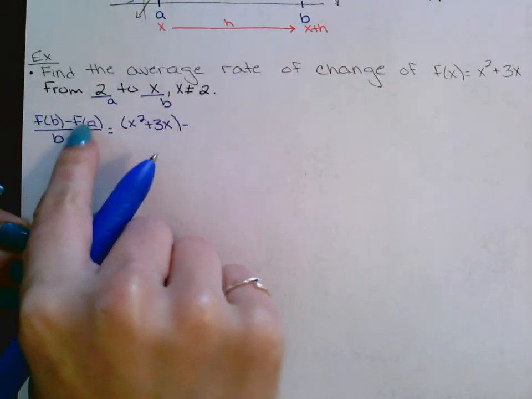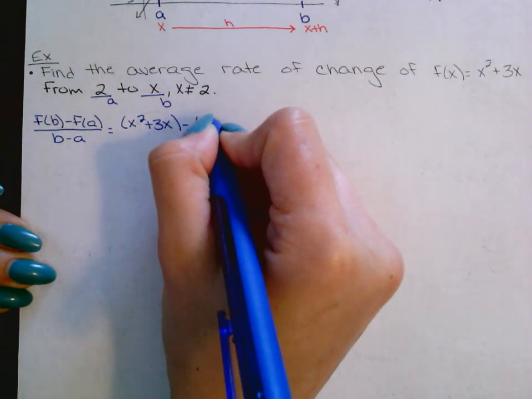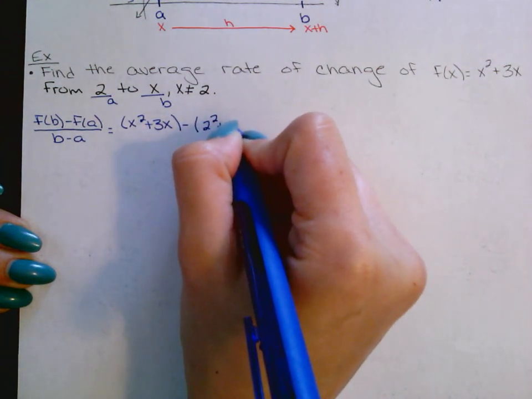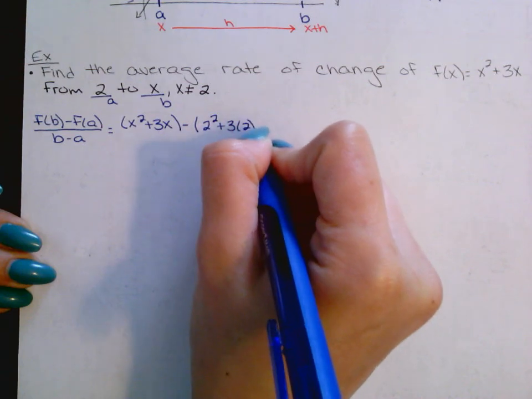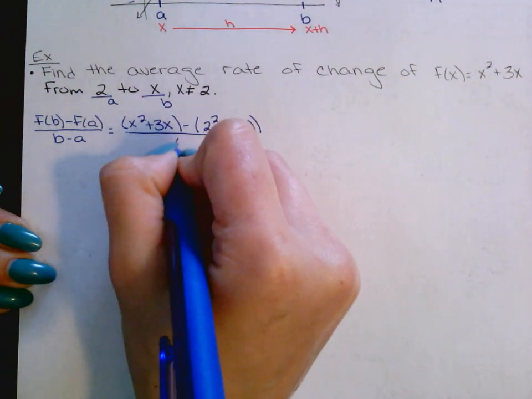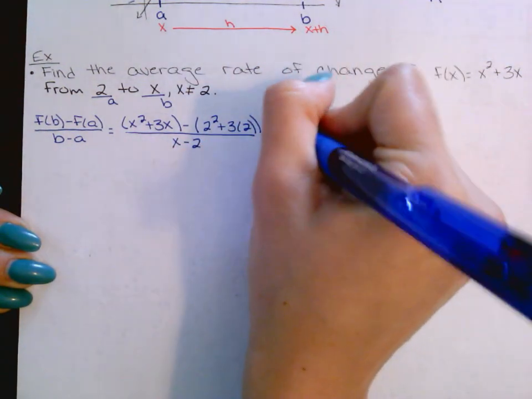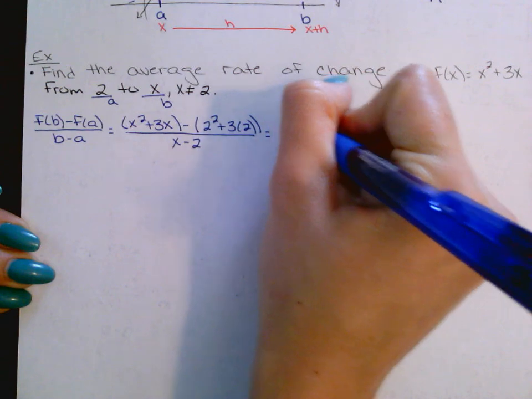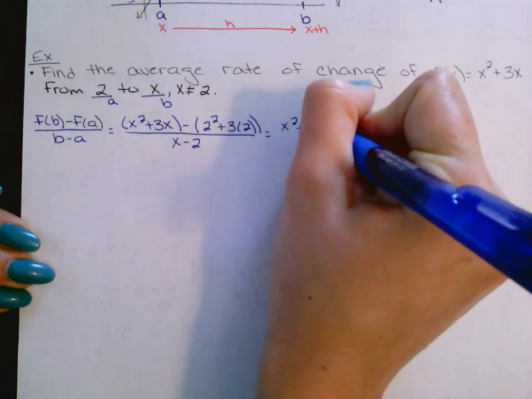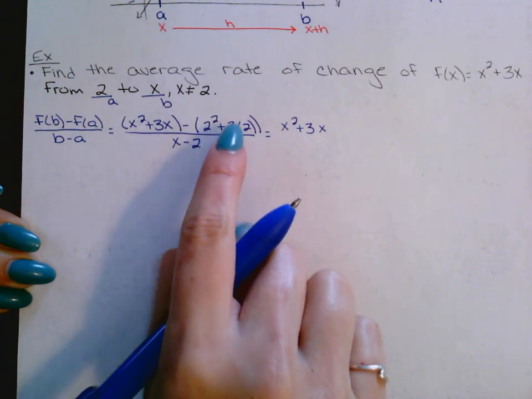Minus f of a means me plugging 2 into the function, which means 2 squared plus 3 times 2. And this is all over b, which is x, minus a, which is 2. Okay? So this cleans up to x squared plus 3x. And this right here cleans up to be a negative 10.